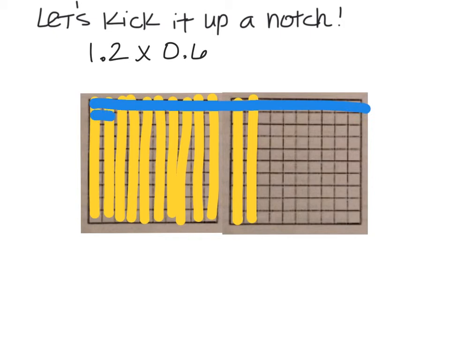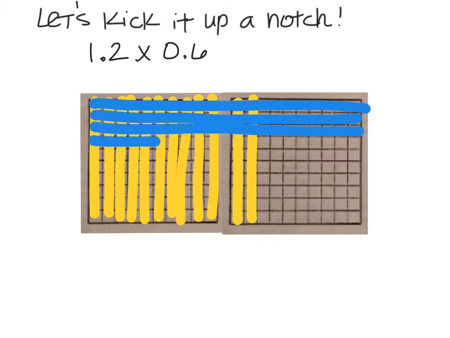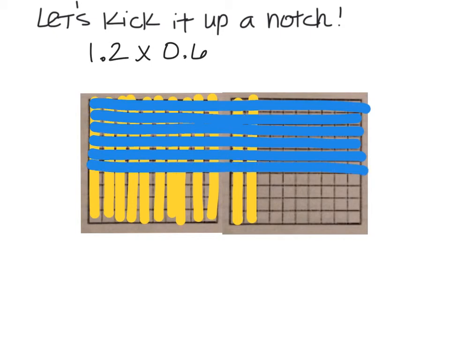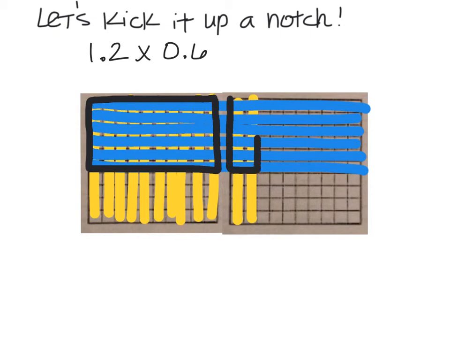So 1, 2, 3, 4, 5, 6. So your product is here in this overlapped area, just like we've been doing. Right, so you have in this area right here. Oops, I didn't label my dimensions, let me go back and label them.